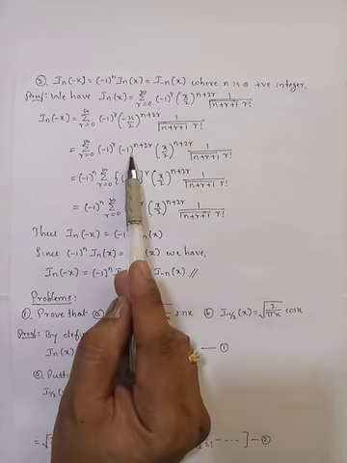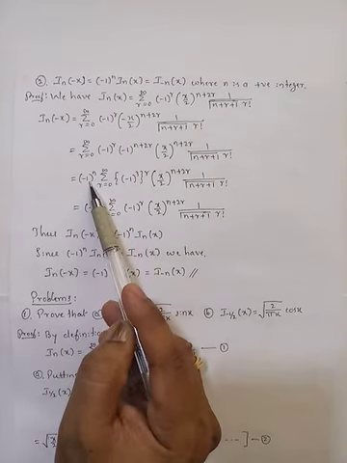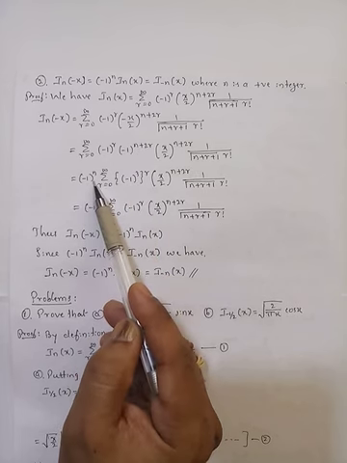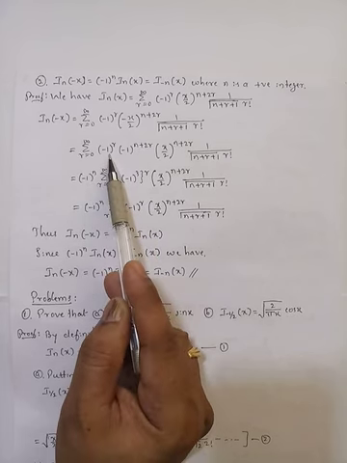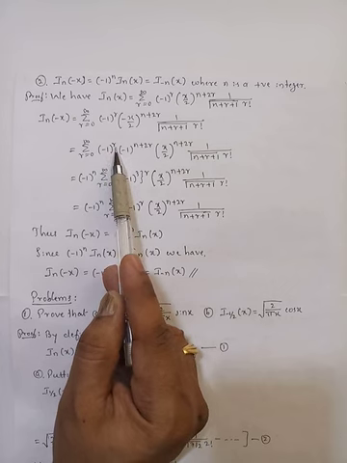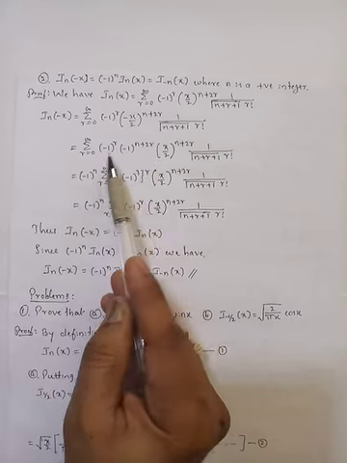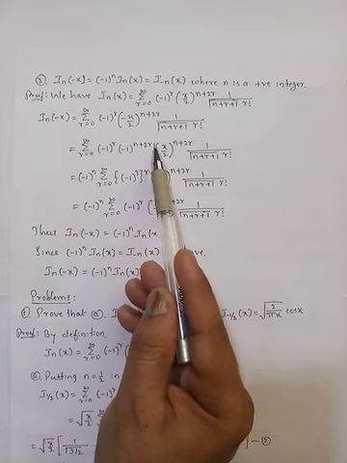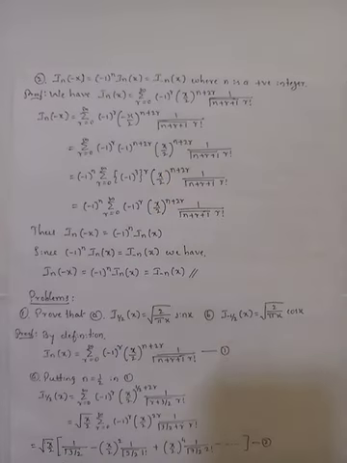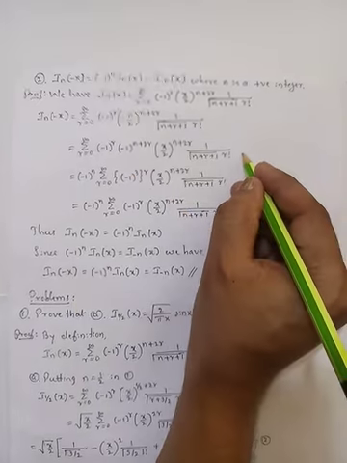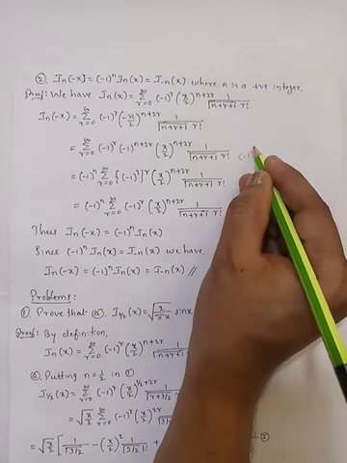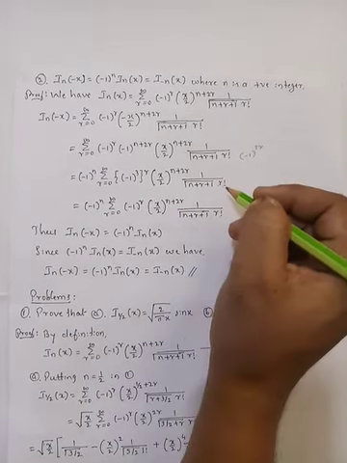Now I take this minus 1 raised to n outside the summation, then in the summation what is left? Minus 1 raised to r into minus 1 raised to 2r. So that is, we get minus 1 raised to 3r.